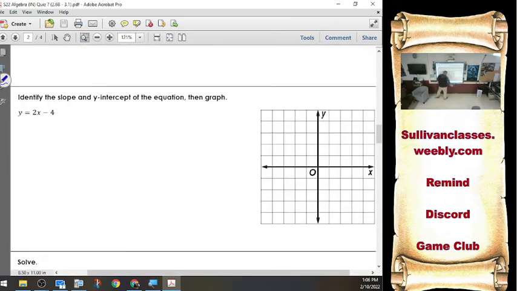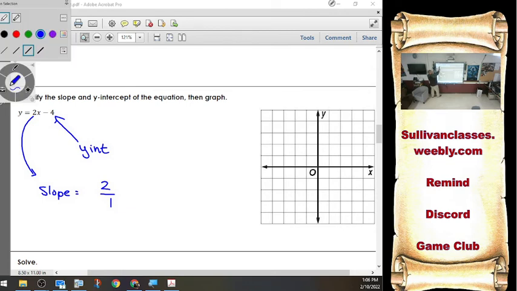From Tuesday, identify the slope and the y-intercept, then graph. So, tell me, the y-intercept, and for this part, make sure when you say the slope, how do I write 2 as a fraction? 2 over 1.